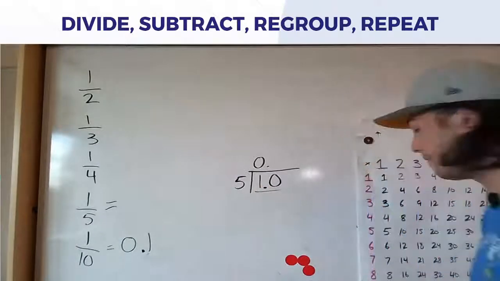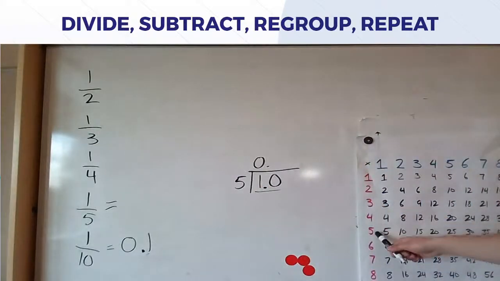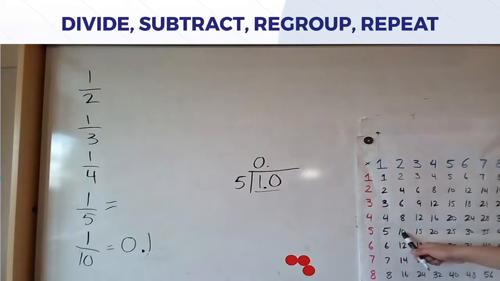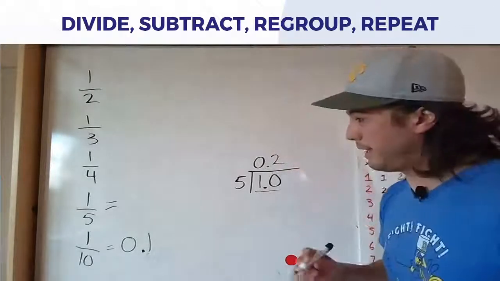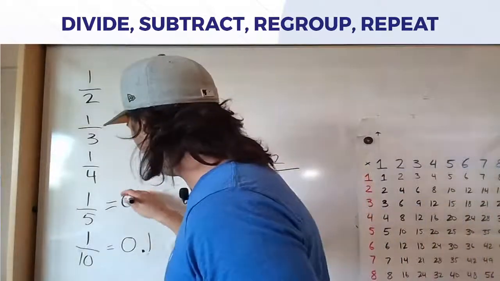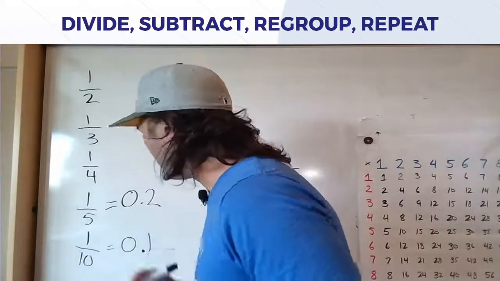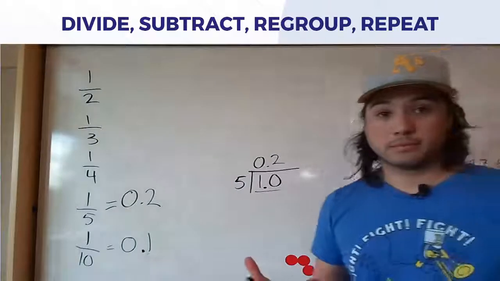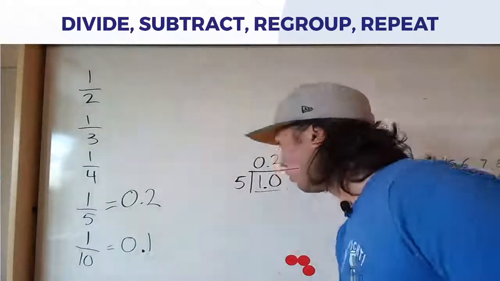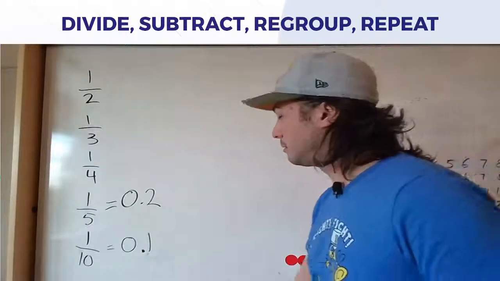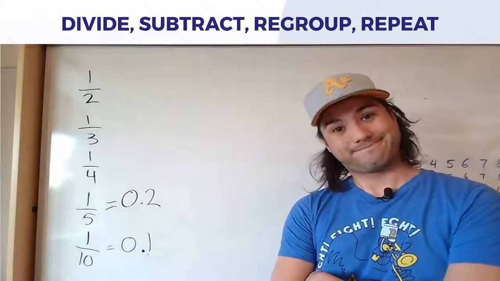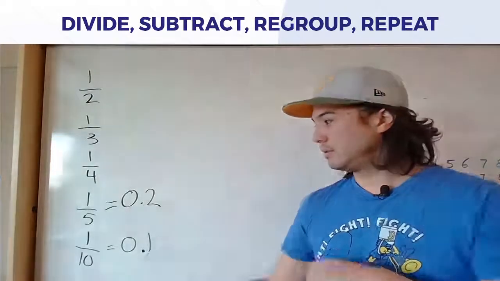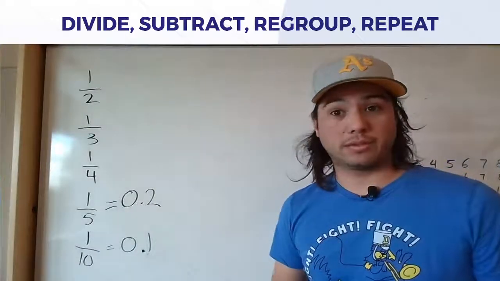What's 10 divided by 5? 2. So we know that 1/5 is equivalent to 0.2. Okay? Or 1/5 of 100 is 20%, right?